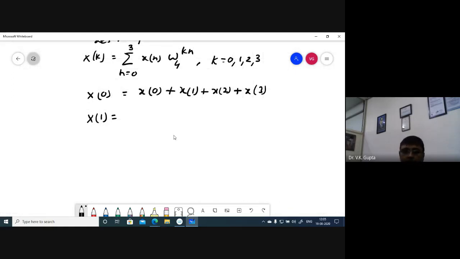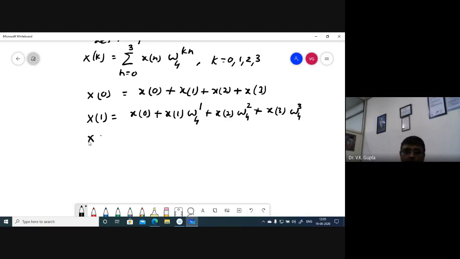Similarly, for the next sample, X(1) is equal to x0 W_4^0 then x1 W_4^1, k equal to 1 and n equal to 1, 1 into 1, 1, plus x2 W_4^2, k equal to 1 and n equal to 2, plus x3 W_4^3, k is 1 here and n is 3, so 3 into 1 is 3.